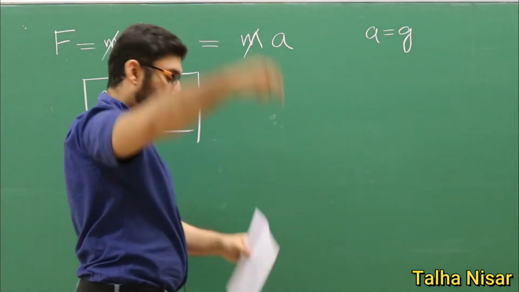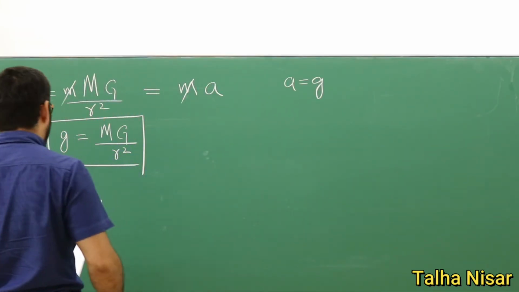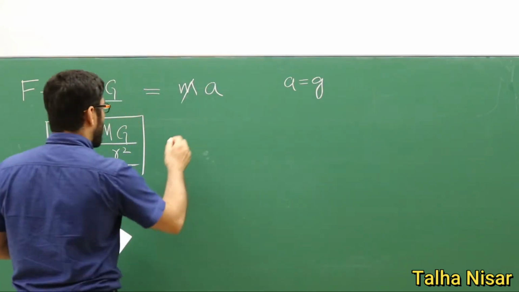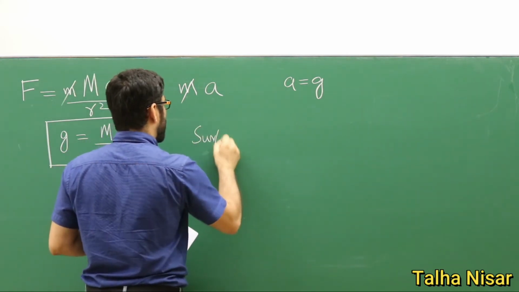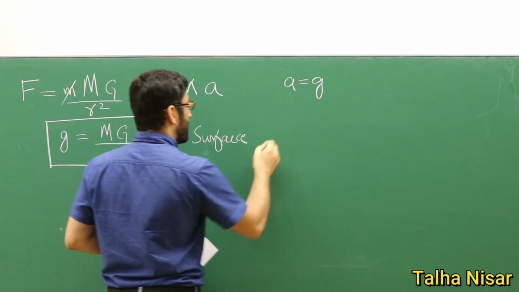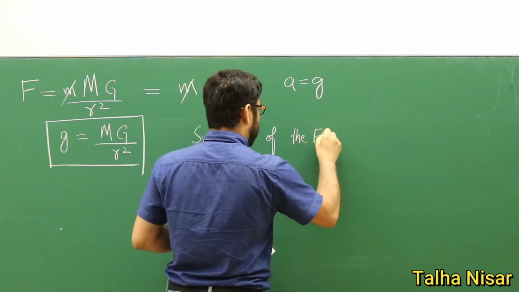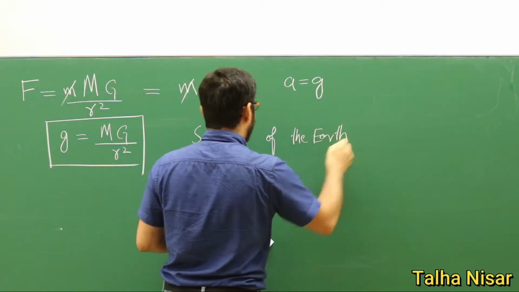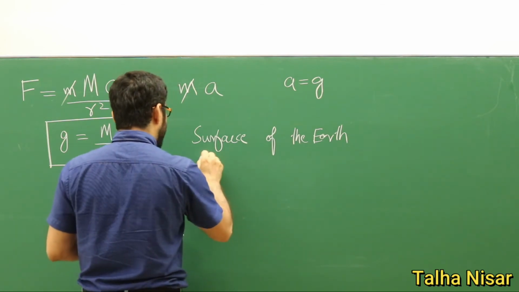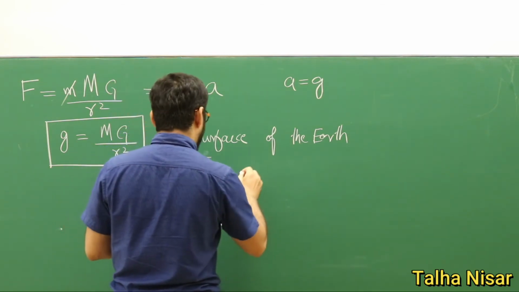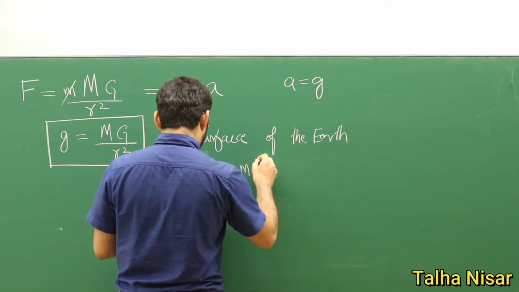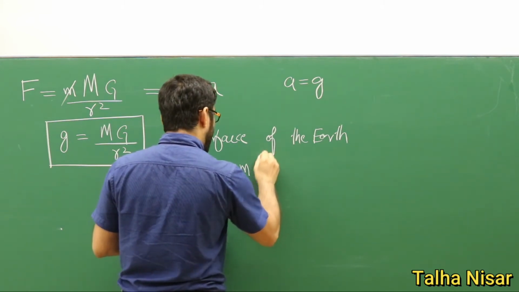If we go up, for example, on the surface of the earth, this gravitational force is equal to the small mass, the big mass, and the gravitational constant, of course.